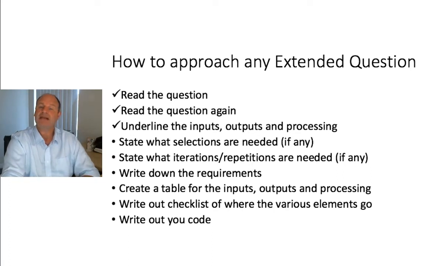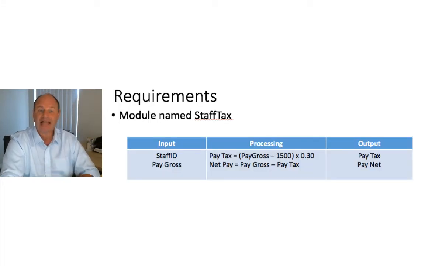So, here is our tick list so far. We have read the question and we have identified the important information in the question by annotating. In order to see exactly what we need to include in our pseudocode, we write down any requirements and place inputs, processing and outputs into a table.